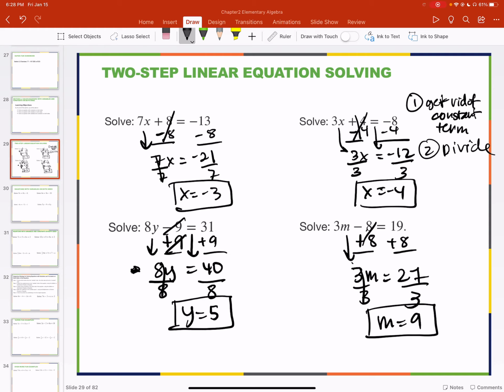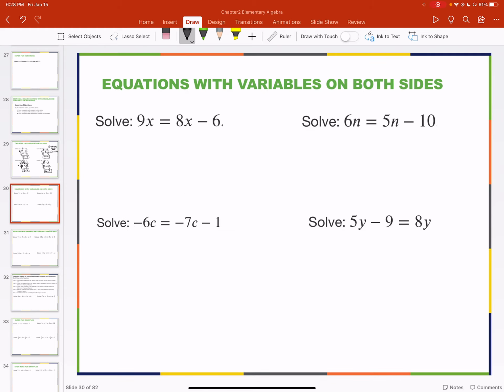Okay, so let's do a few more examples. Now these equations have variables on both sides, so this is a little different. We still subtract, but the idea in this case is to combine the variables or get the variables on one side. Some people think of it as moving, but the only way that you can move it is to use the addition and subtraction property.